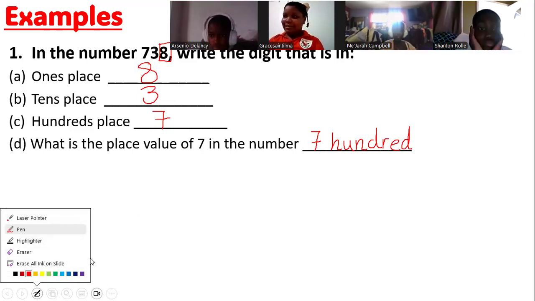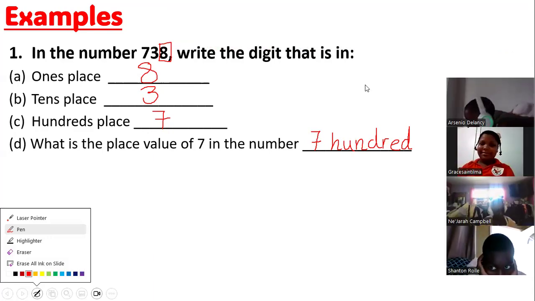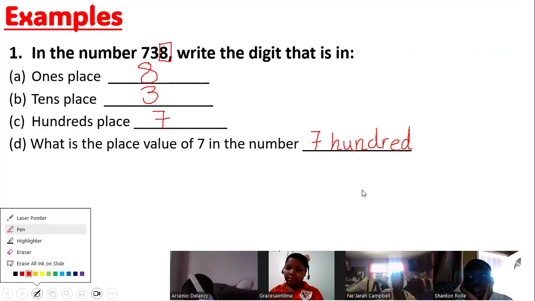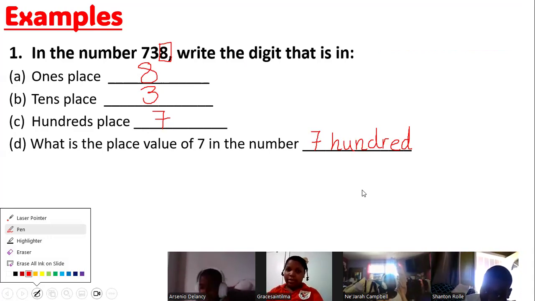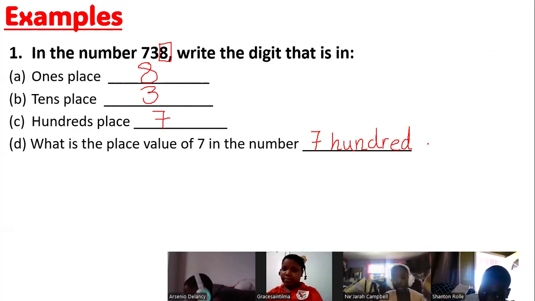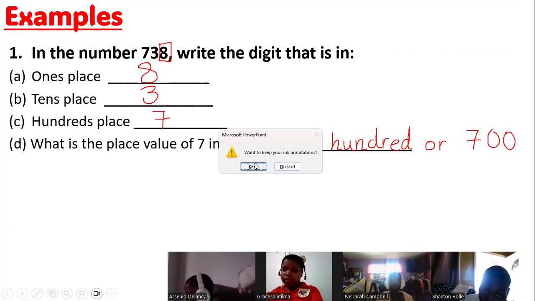We can put the number itself if we want to, or you could write the words seven hundred or the number 700.